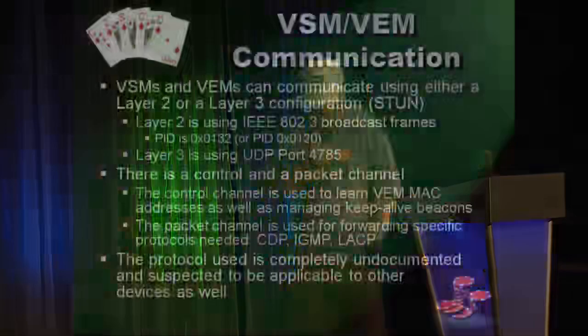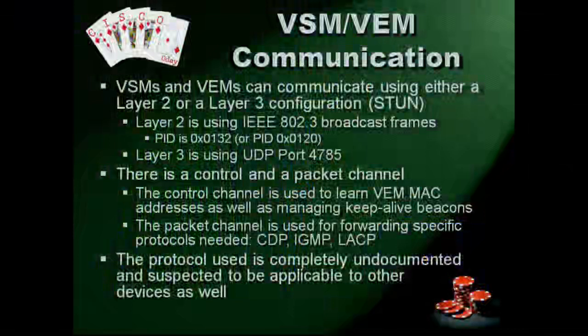Talking about the communication, remember that I said this backplane that used to be just an electrical connection between a supervisor card and a line card is now on the network. So that means it uses a protocol. There's two versions, depending on how you configure it.